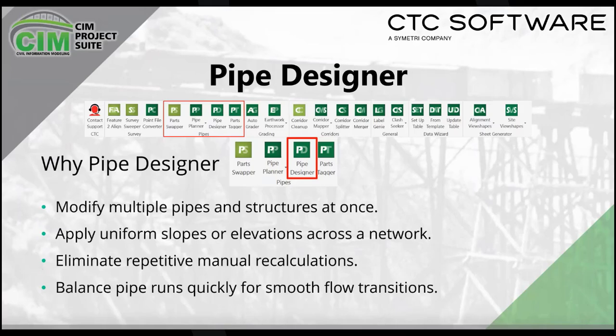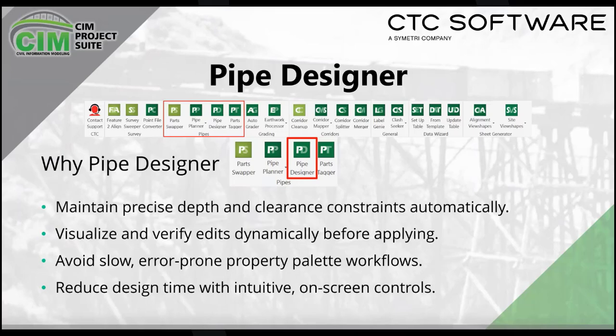In addition, we can modify multiple pipes all at once, apply those uniform slopes and elevations, which will eliminate the repetitive manual calculations and will help us see our pipe networks as they are developed.